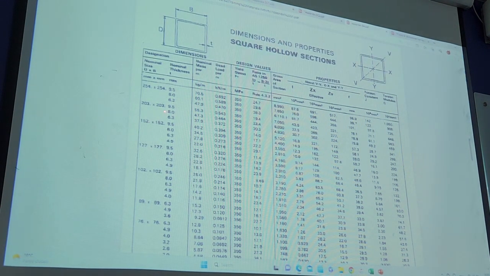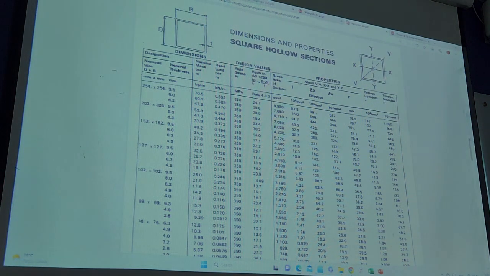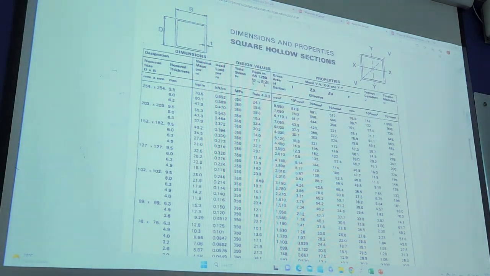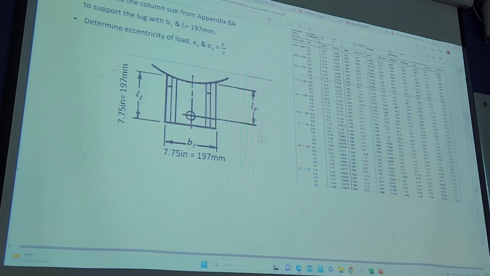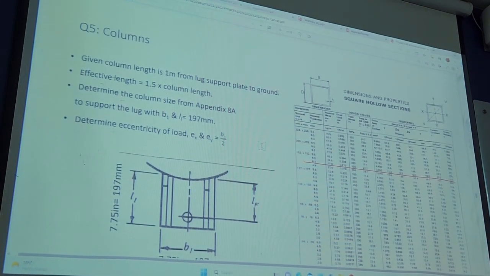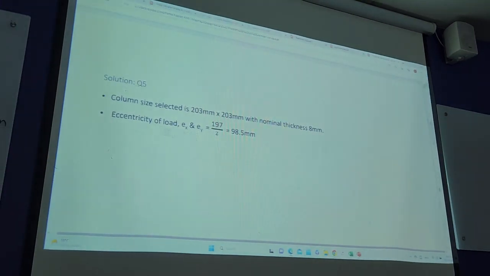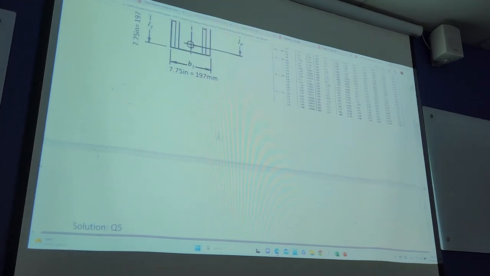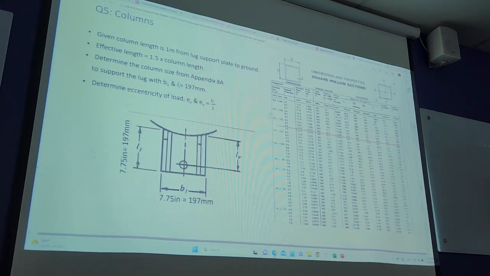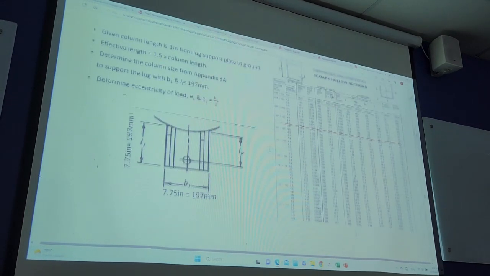Alright, so right now, because 197 is the lug size example, the next higher column that we have is 203. Eccentricity of load. Over here you can find 203, nominal size is 8 mm.